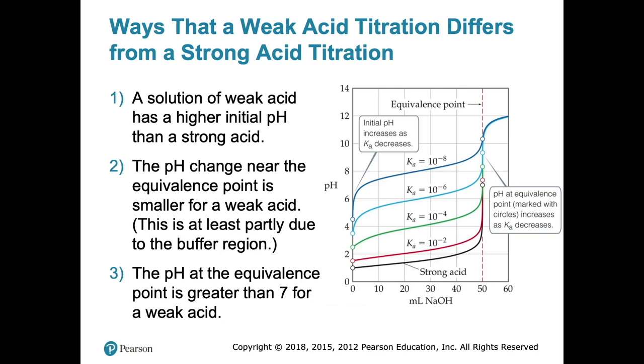Well, the first thing is that the solution of weak acid has a higher initial pH than a strong acid. And then the pH change near the equivalence point is smaller for a weak acid, at least partially due to the buffer region. And then the pH at the equivalence point is greater than 7 for the weak acid.